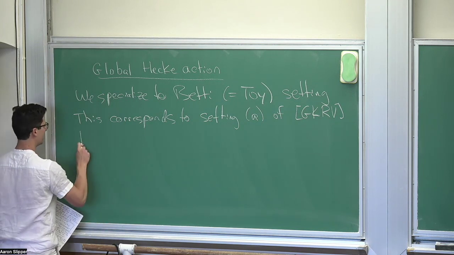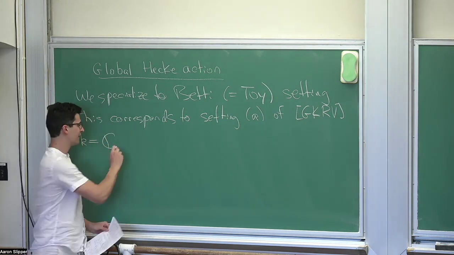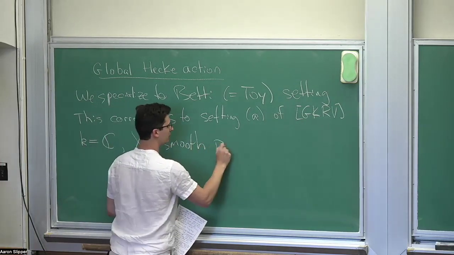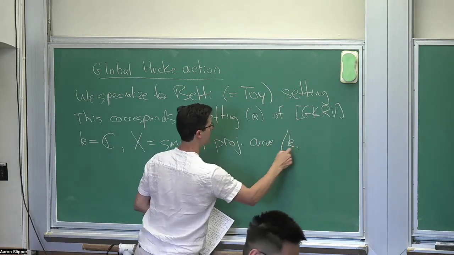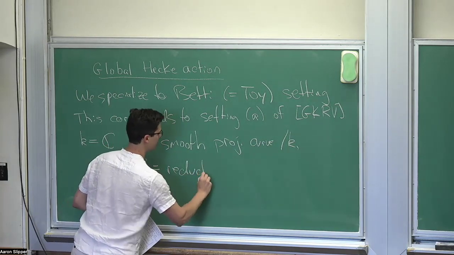The setting: the ground field K is the complex numbers, X will be a smooth projective curve over K, and G will be a reductive group.